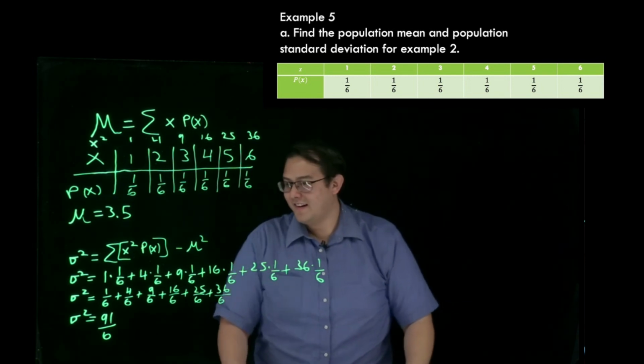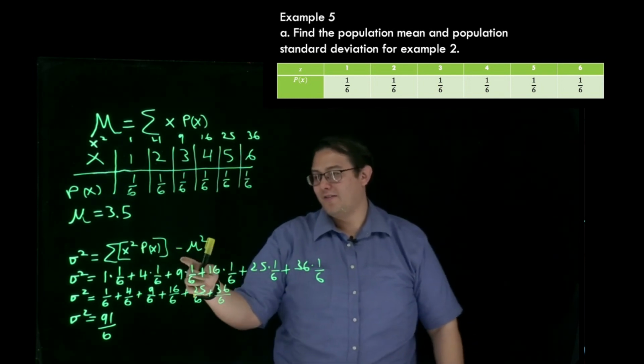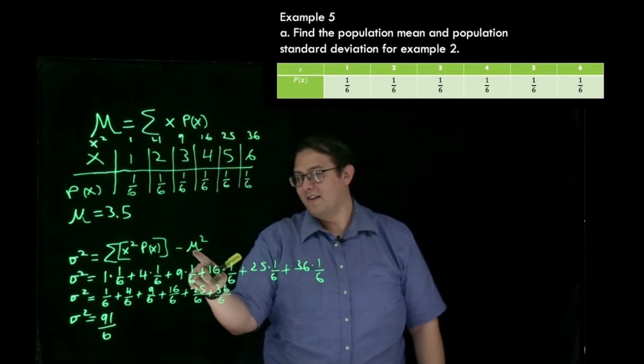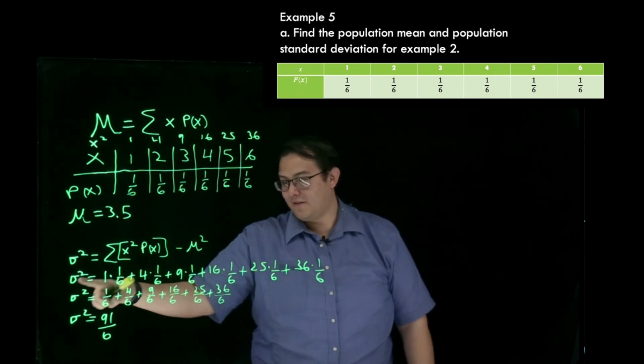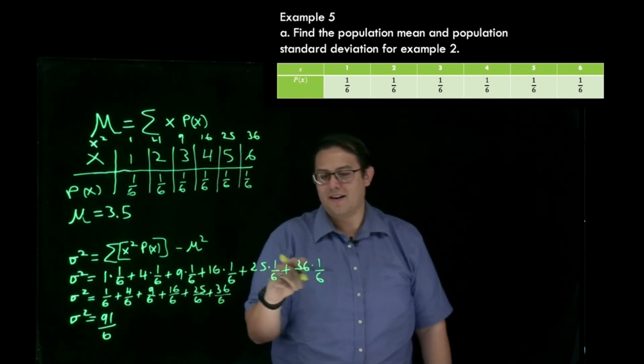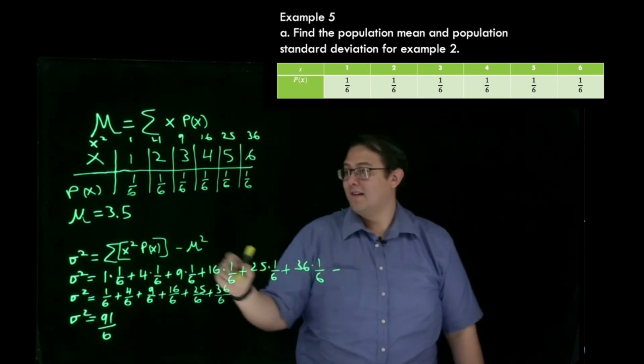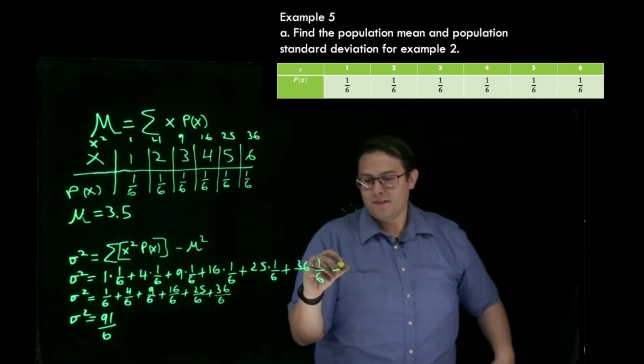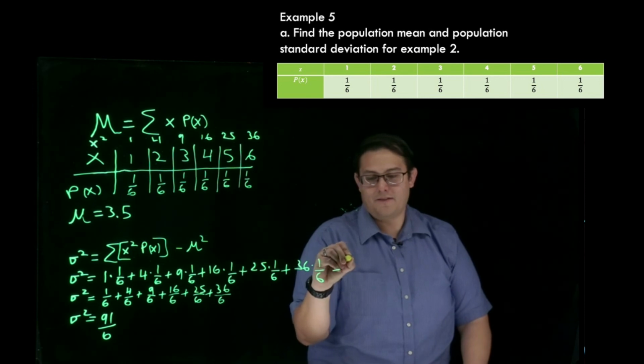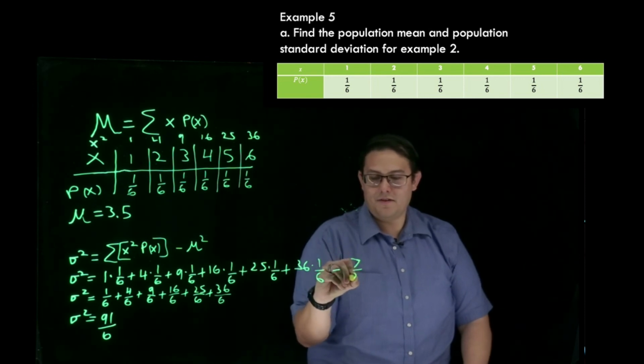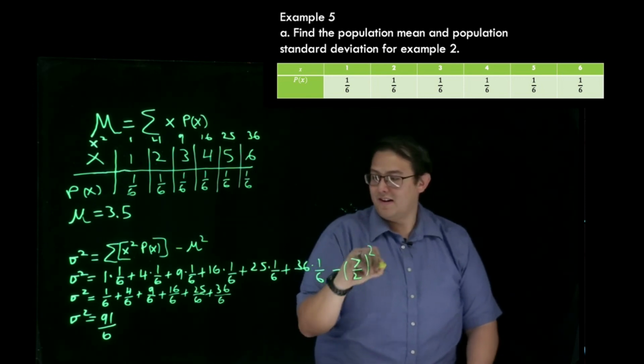Oh, and then you can't forget, in all of these, what were you supposed to do? I forgot something. If you're going to write sigma squared, you have to subtract off mu squared. So all of these are minus the 3.5 squared, which I like in fraction form, minus 7 over 2 squared.